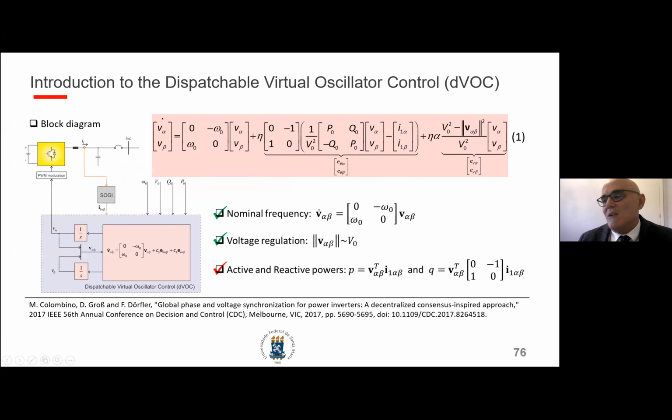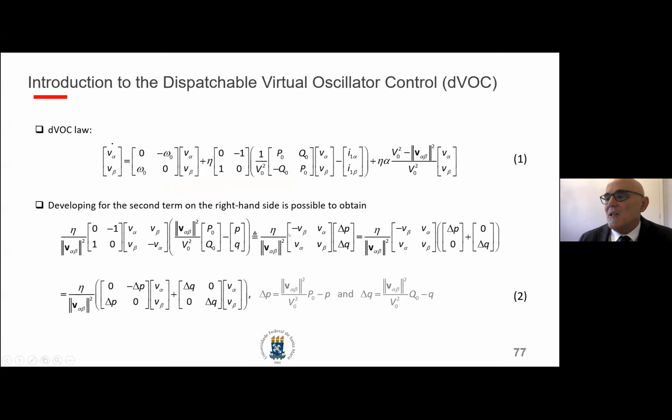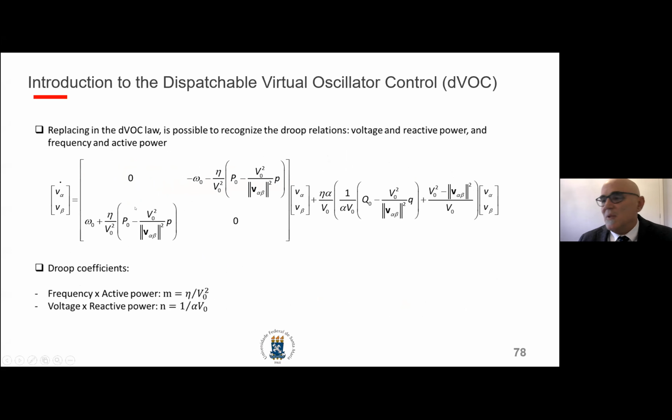This equation that we have shown in the material you have available in the Typhoon Hill Academy gives a better picture of this dispatchable virtual oscillator, in the way that we see it: the active power is associated with the frequency, and the reactive power is associated with the voltage.